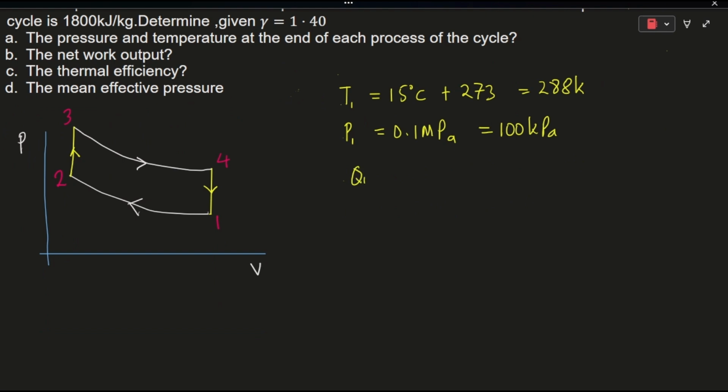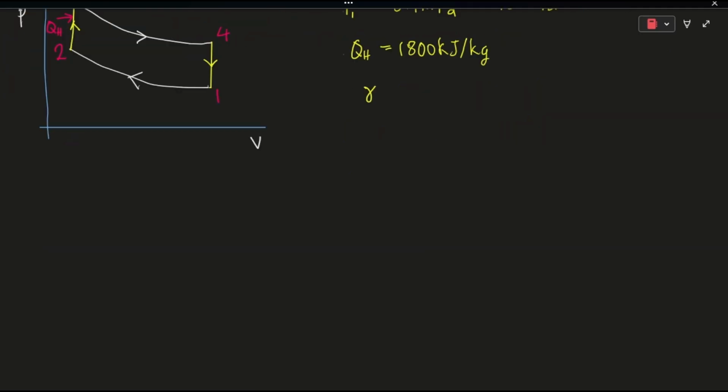Now our QH is given as 1800 kilojoules per kilogram, which is the heat energy absorbed by the system at this step of the cycle. Now, gamma is given as 1.40.